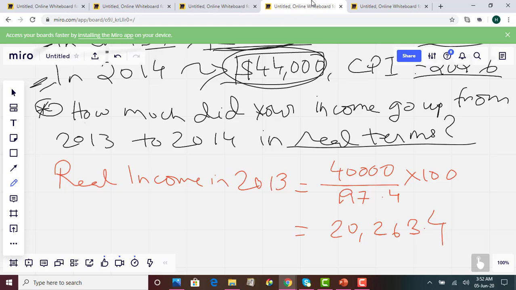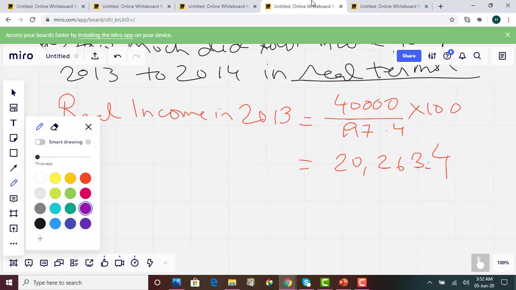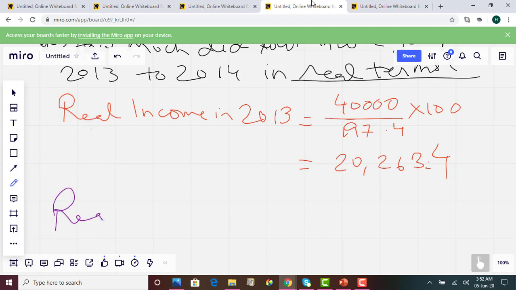So although literally you're receiving 40,000, in real terms, when you consider inflation, your real income is actually $20,263.40. Now we again have to calculate the real income in 2014, the same way, so that we can make comparisons.